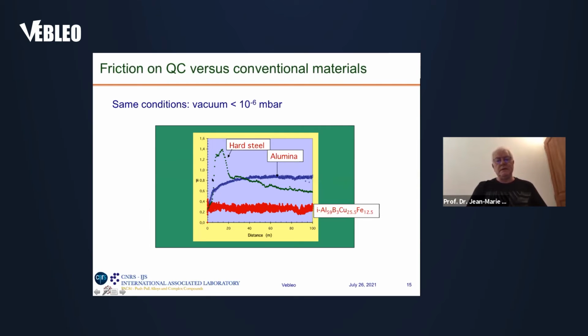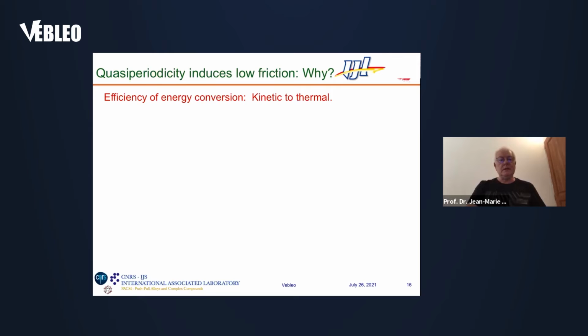You see that very soon after the beginning of the test, abrasion plays an important role, and in the end, the debris remain in the trace, so it's a pretty high friction. Alumina shows more or less the same behavior because of the transfer of steel from the indenter onto the trace, but the quasicrystal shows a markedly lower friction under vacuum.